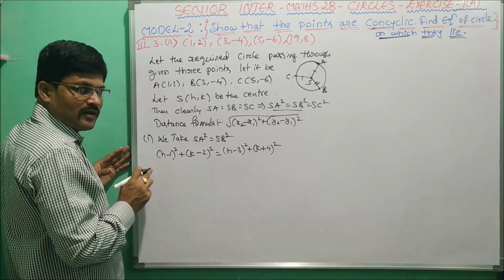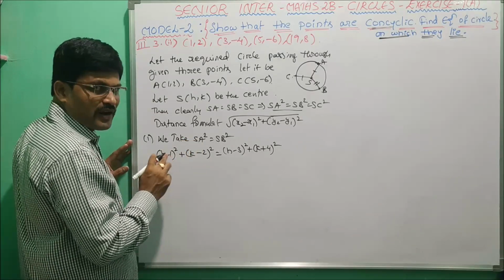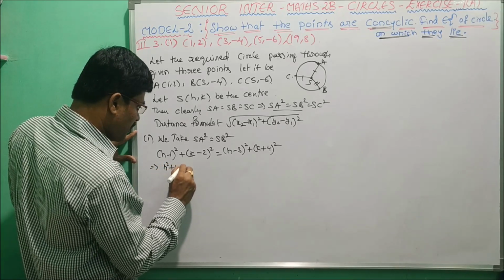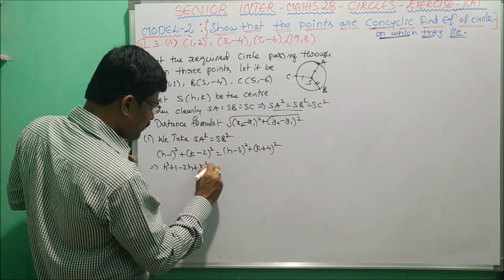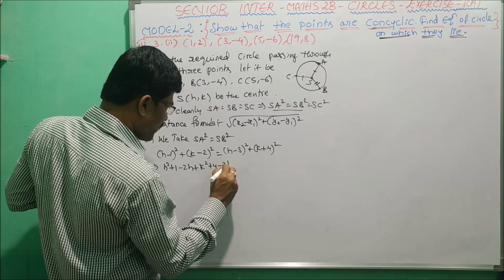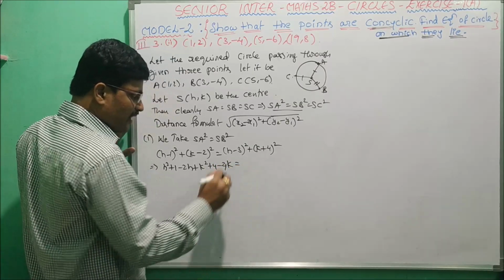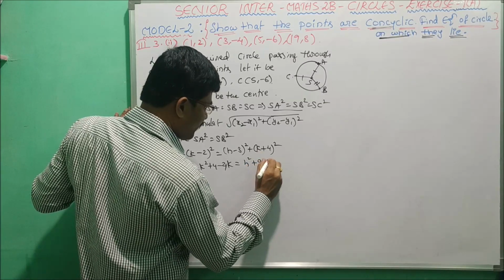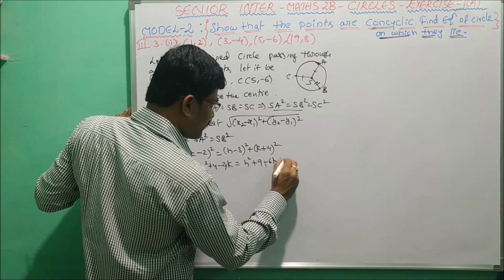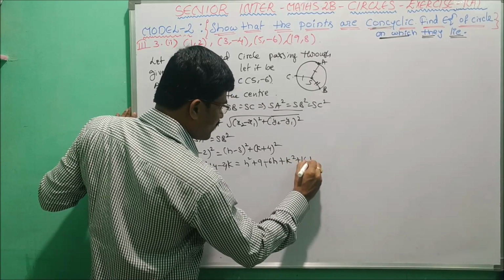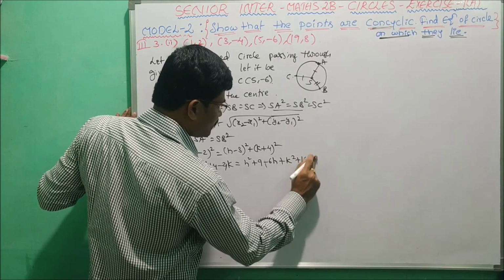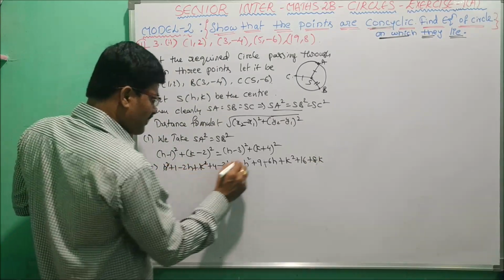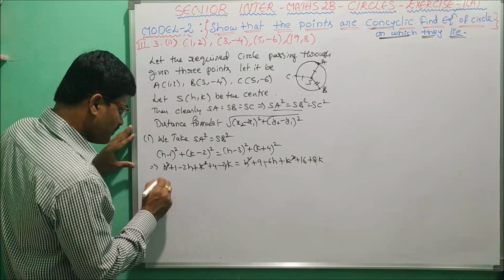Now here the square root will be cancelled because of squaring on both sides. Now it can be simplified: h square plus 1 minus 2h plus k square plus 4 minus 4k. On the right side, h square plus 9 minus 6h plus k square plus 16 plus 8k. Here h square and k square will be cancelled.